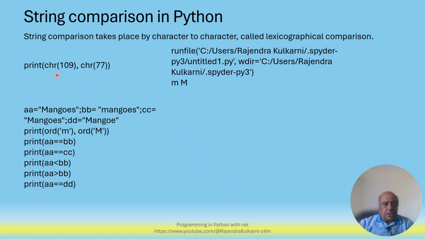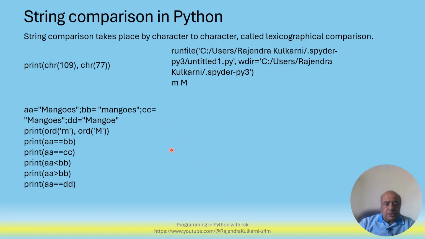So print chr 109. 109 represents M, small case m. Character chr 77. 77 represents capital M in the Unicode scheme.